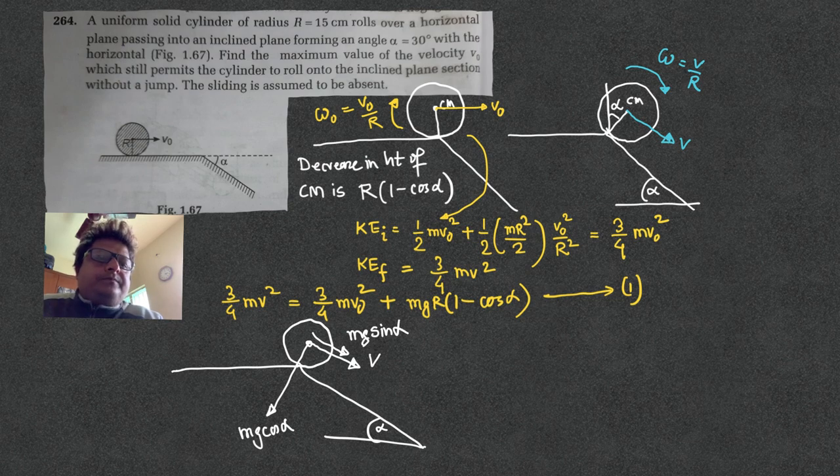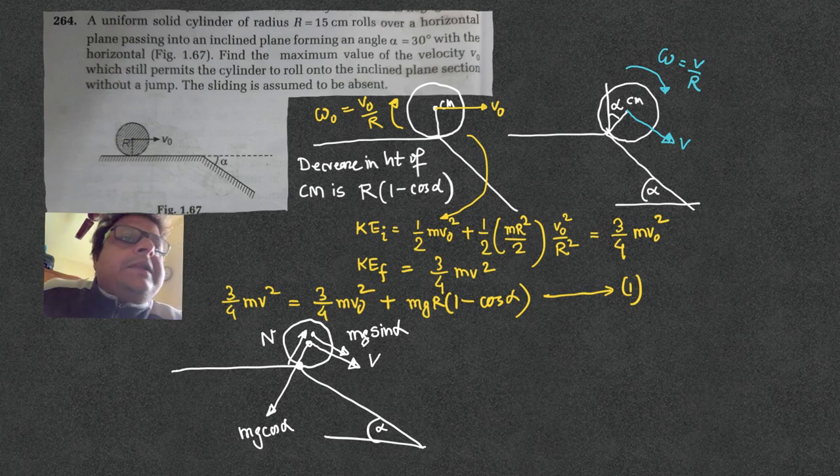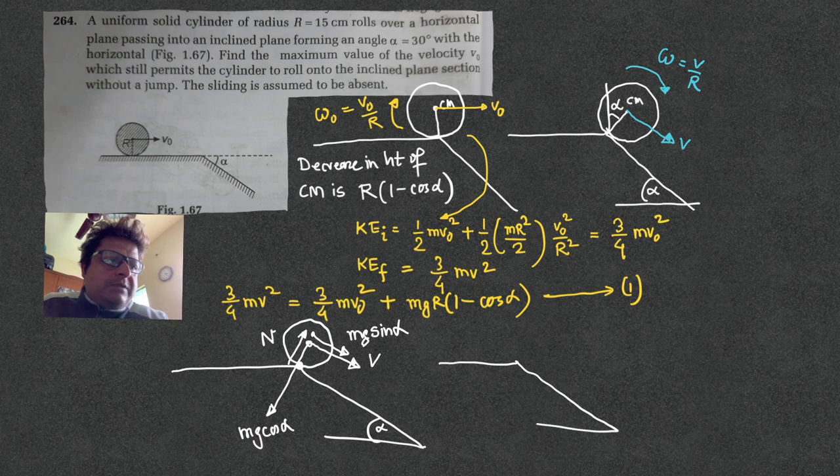Now, and there, this is the normal reaction from ground, okay. From ground means it's actually normal reaction from this plane, actually this inclined plane. So this normal reaction has to be put to zero. Now once we look at this motion of the center of mass, then this is the center of the circle, and the center of mass is actually moving in a circular path about this point.